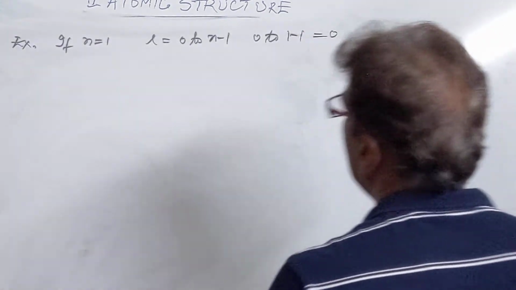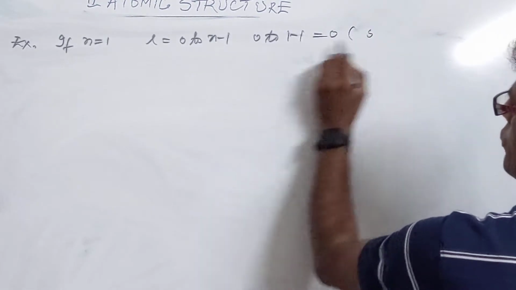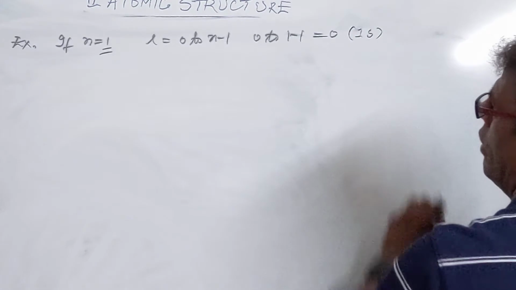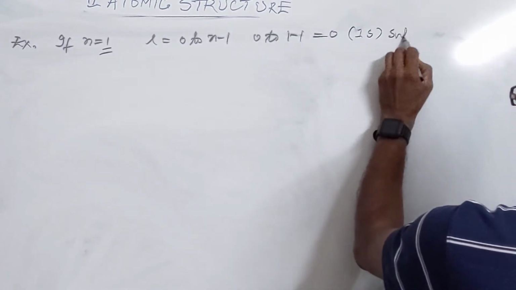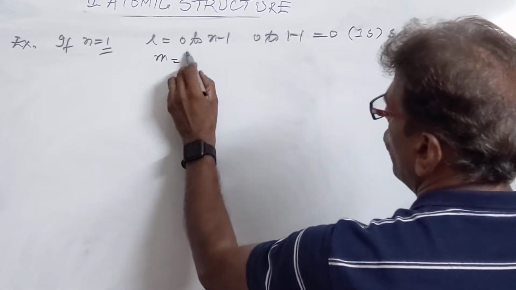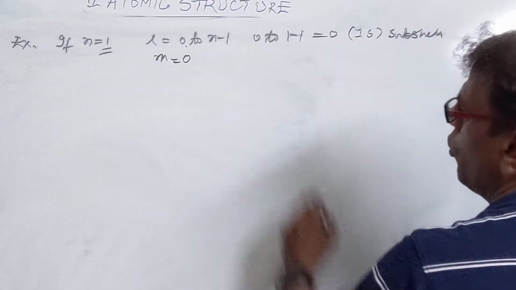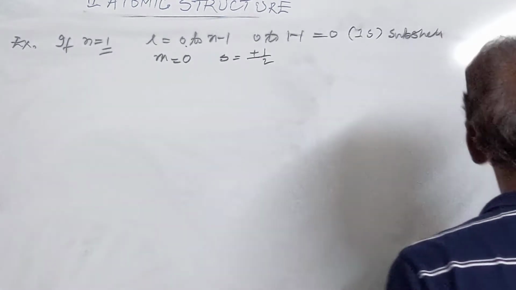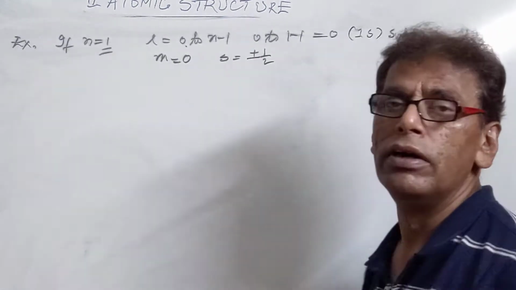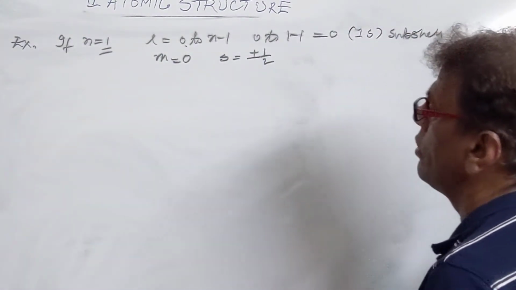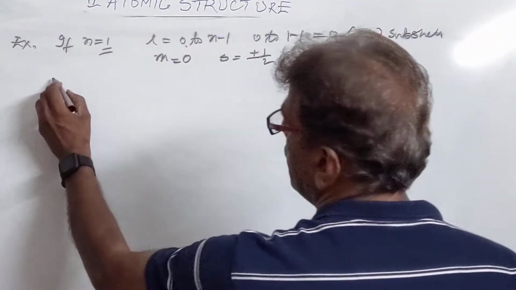If L is 0, that is for s subshell, since it belongs to first energy level, this is 1s subshell. Then coming to M, if L is 0, you will find M is also 0. And spin quantum number has two values only, either plus half or minus half.